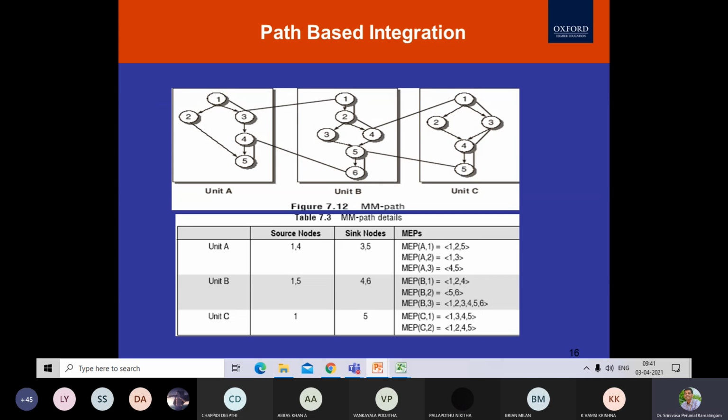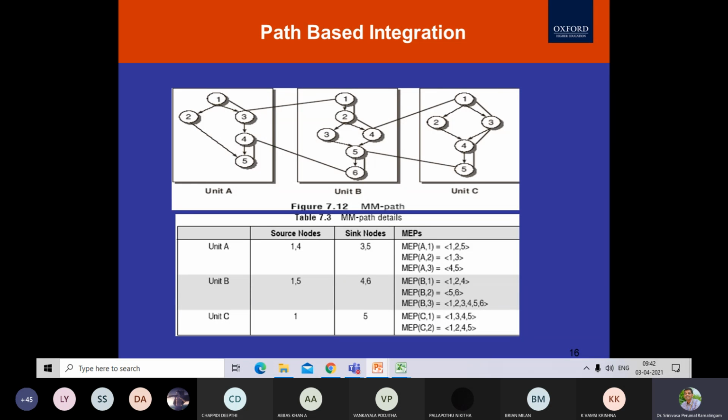How many source nodes are in unit A? Source node is nothing but how many nodes are available in unit A. 5, exactly: 1, 2, 3, 4, 5.